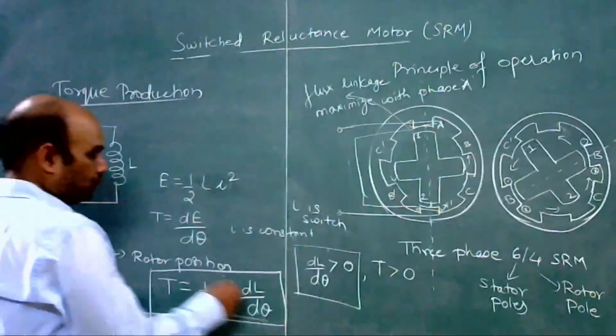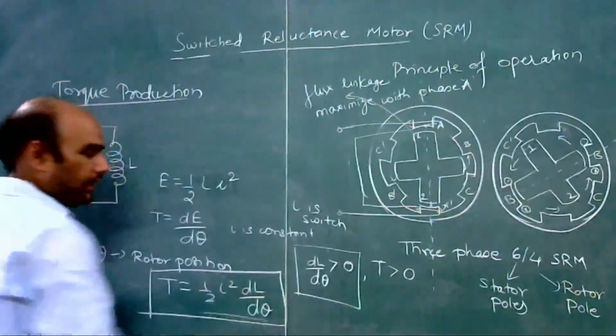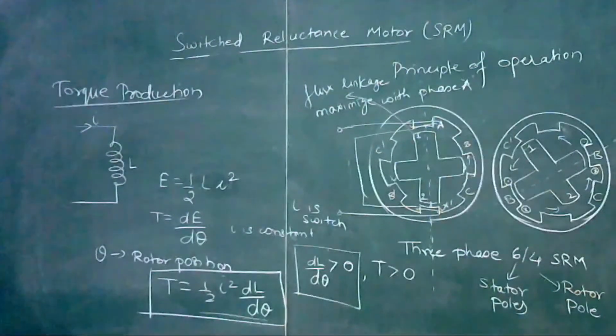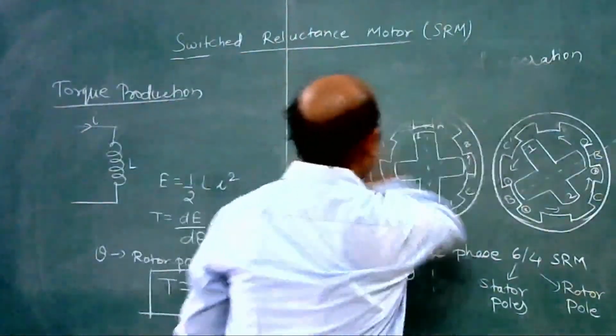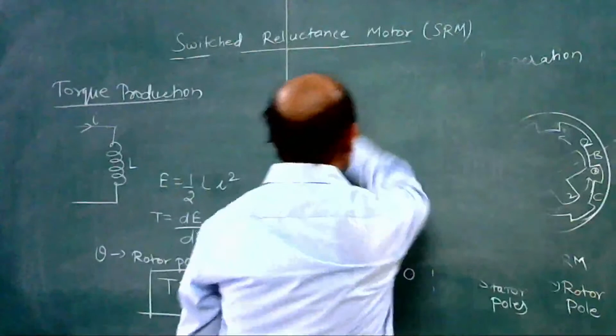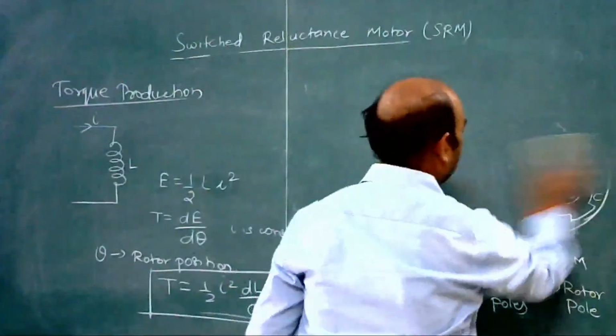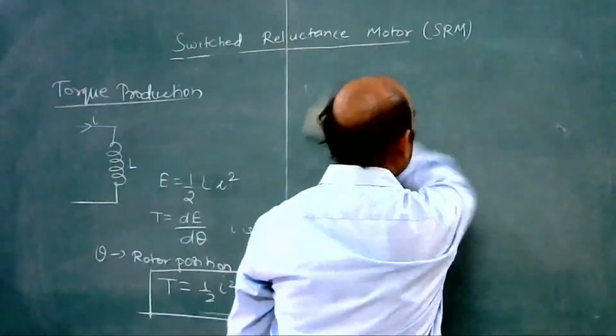We have to switch the current such that dL by d theta should be maximum. Now we see how torque is produced and why we have to switch current I when dL by d theta is positive.